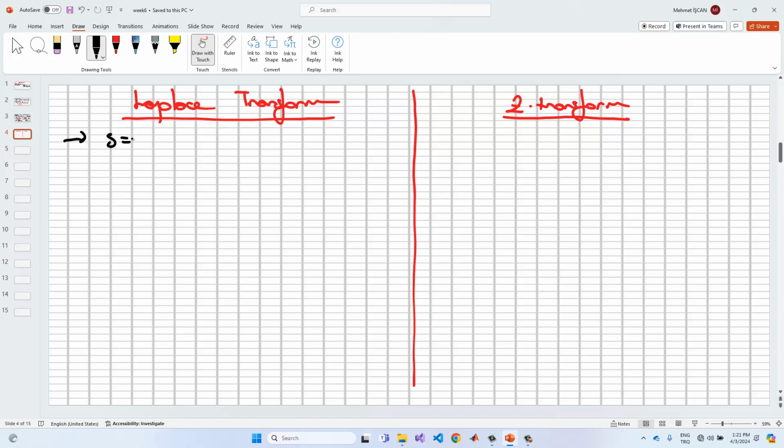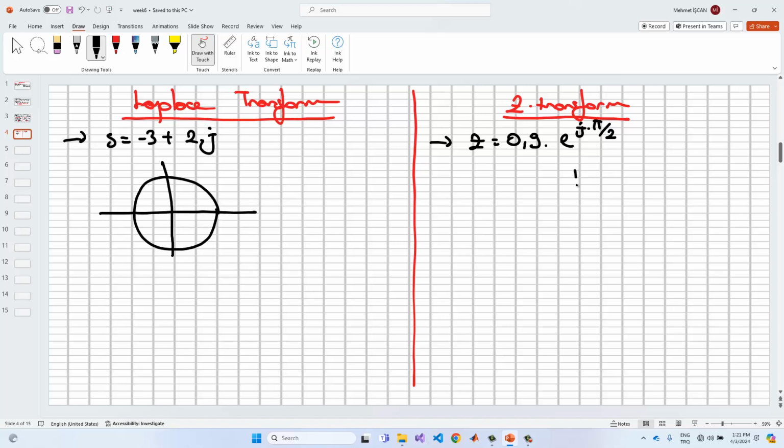For example, s can be equal to -3 plus 2j, okay? Or z can be equal to 0.9 times e^(j pi/2), okay? We can use this information in here, okay? And so, how can we draw this signal in the Euler identity? Just like this one.